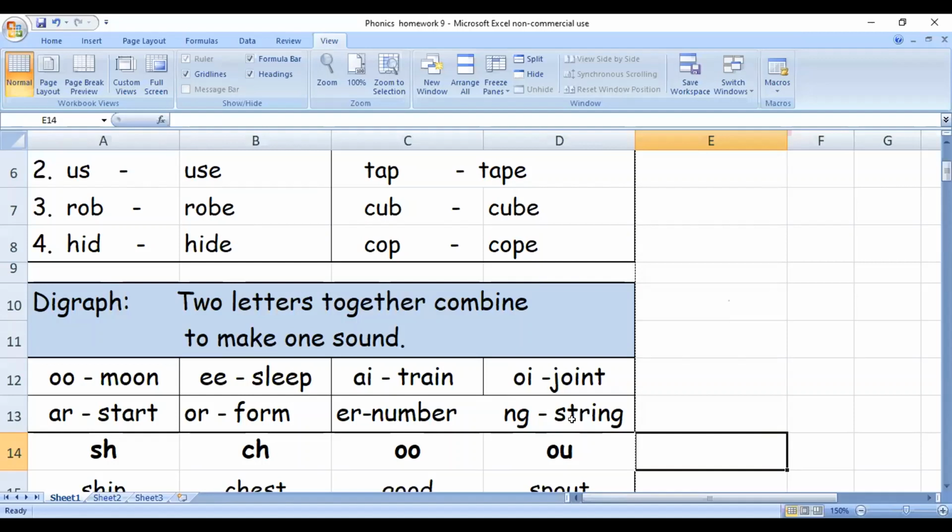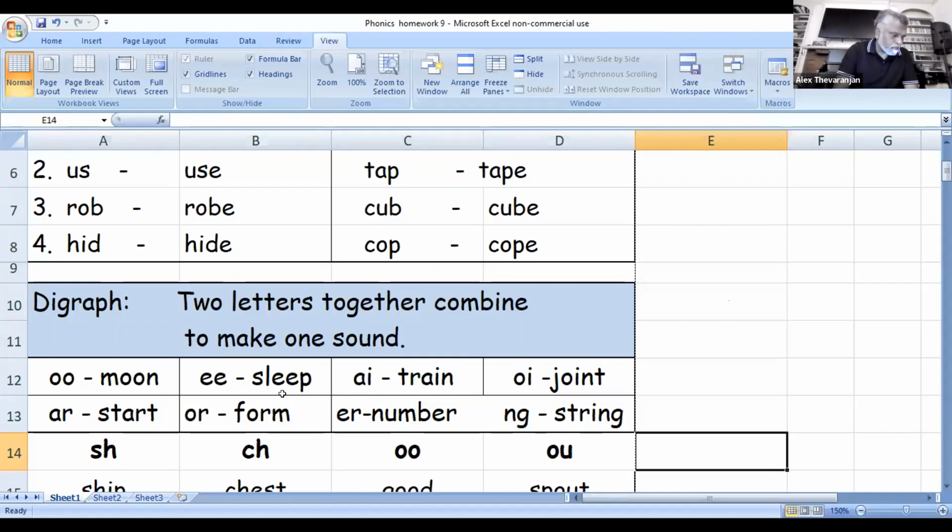Would anybody like to read these eight words? Yes, Shirish, you can do it. Moon. Sleep. No, this is not U, this is E. E, sleep. A, train.